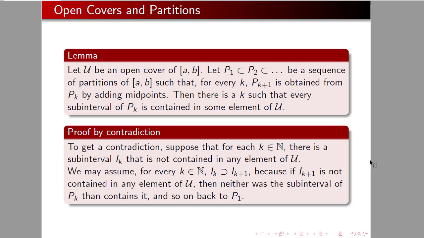We'll proceed to prove this by contradiction. To get a contradiction, suppose that for each k element of N, there is a subinterval I sub k that is not contained in any element of U. We may assume for every k that I sub k contains I sub k plus 1, because if I sub k plus 1 is not contained in any element of U, then neither was any of the subintervals of P sub k that contain it, and so on back up to P1.